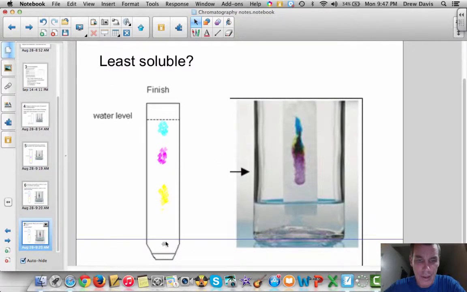Here's my original sample down here. Here's my solvent level up here. This is where the water finished. As you can see, the yellow didn't move as much as any other component, and so therefore it is the least soluble in the water. It is more attracted to the stationary phase than to the mobile phase.